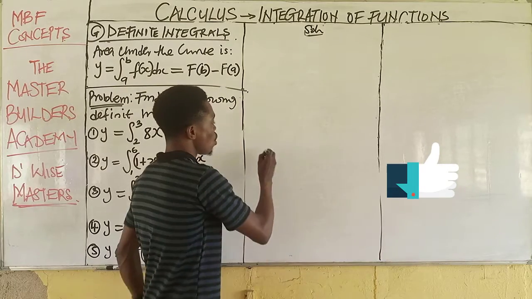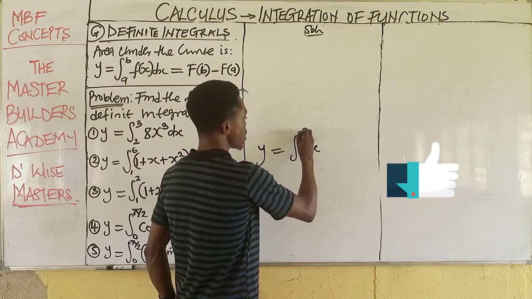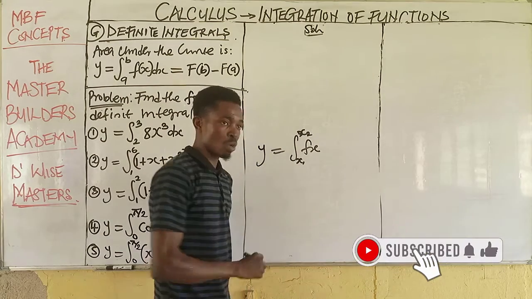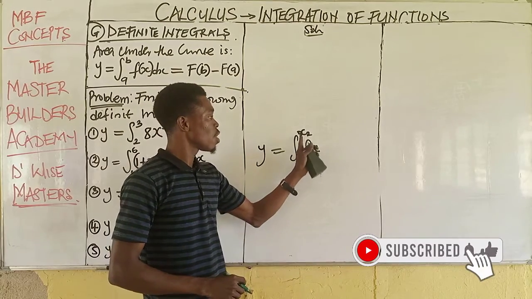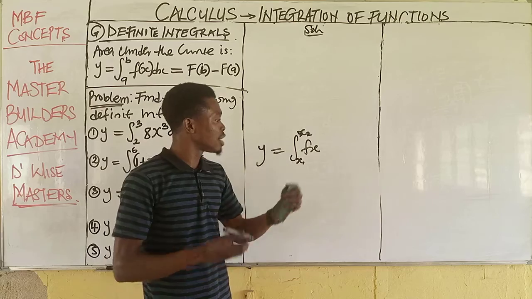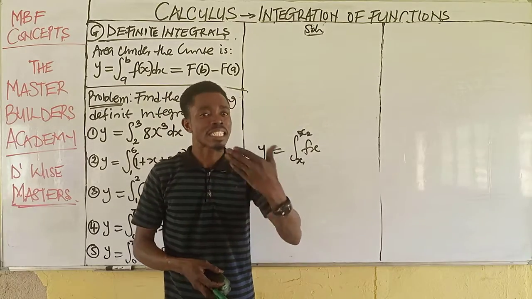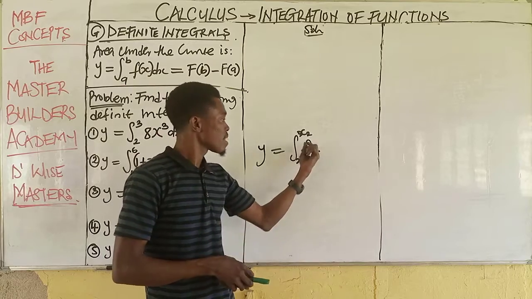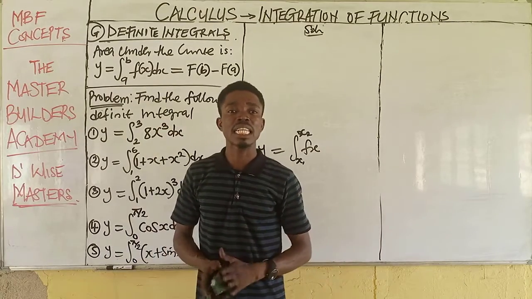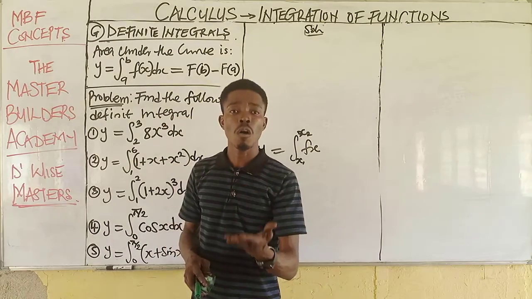If y is equal to the integral of any function, this is the upper limit, x2, and this is the lower limit, x1. Anytime the upper limit and the lower limit of any integral is given, then you are dealing with a definite integral. And it is still under this definite integral that we look at area under curve.